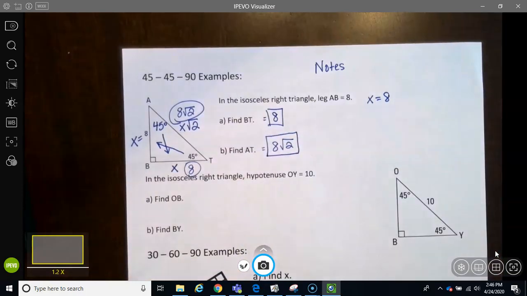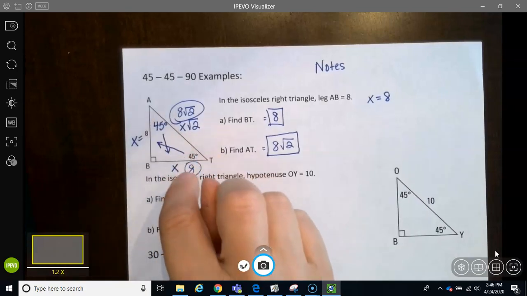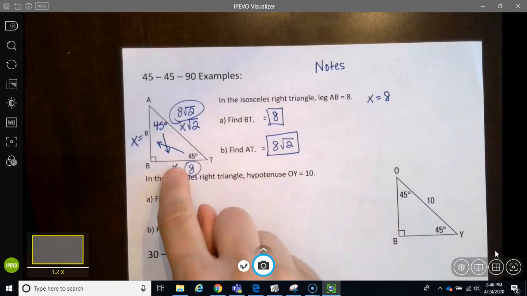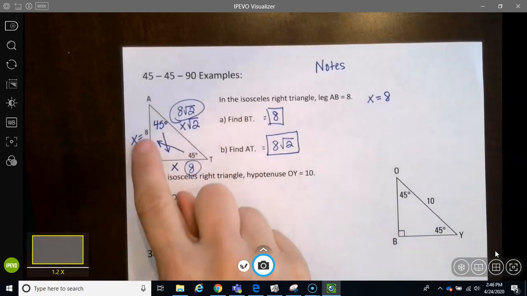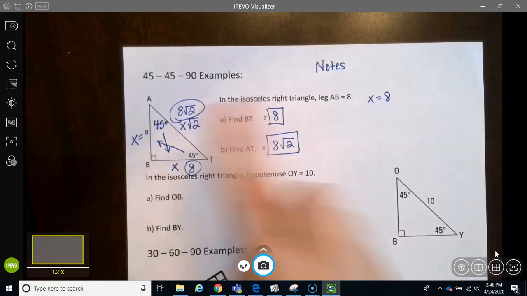So again, the way we solve these, step 1, based on what kind of triangle it is, in this case a 45, 45, 90, label the sides, what represents those sides based on that first page of notes I showed you. So x, x, and then the hypotenuse is x square roots of 2. Then look and see what side you know. We know this side is 8. Set that equal to what's representing that side. So 8 equals x.